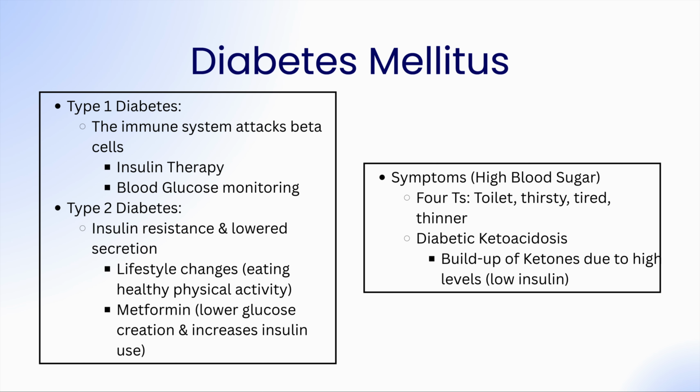And this is typically solved through lifestyle changes, either eating healthier or working out more. But another common drug is metformin because it helps lower glucose creation and increases the effectiveness of insulin in our body.